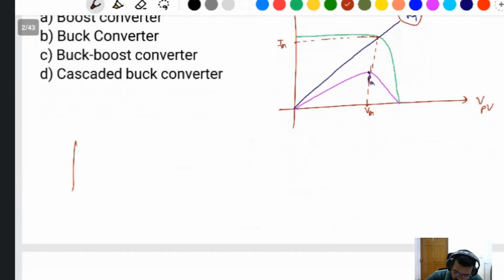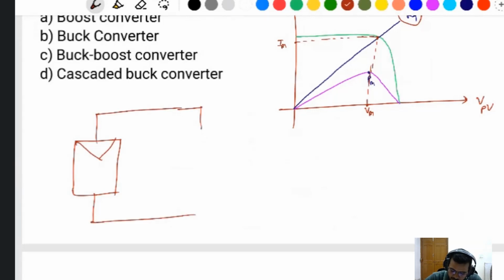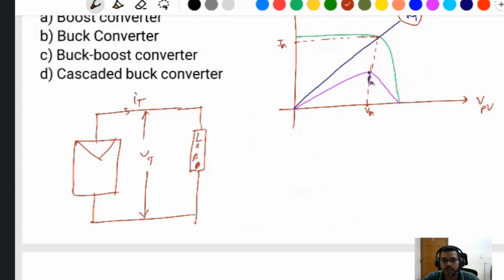Like this one is the PV system. If you connect a load directly here, this is the Vt. At that point, you can't match the load to the PV solar profile, because loads have different types of current and voltage.